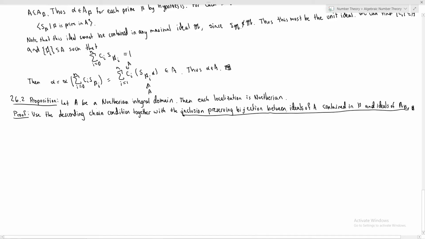If you use the descending chain condition together with this fact, then the fact that each localization is Noetherian follows pretty quickly.